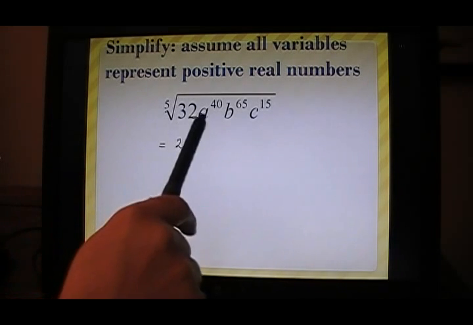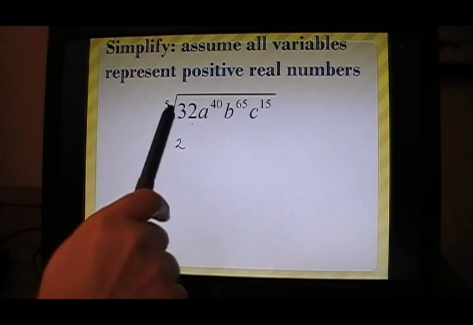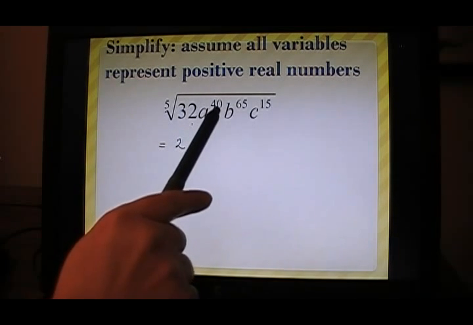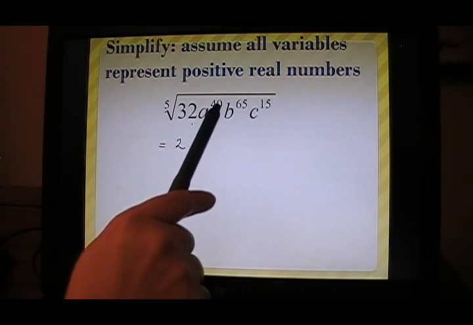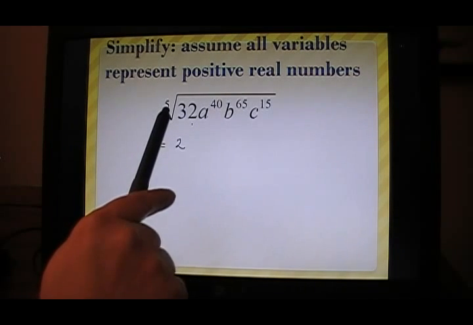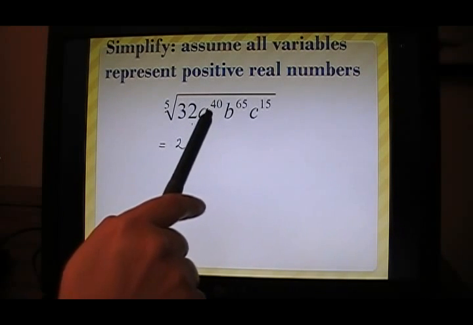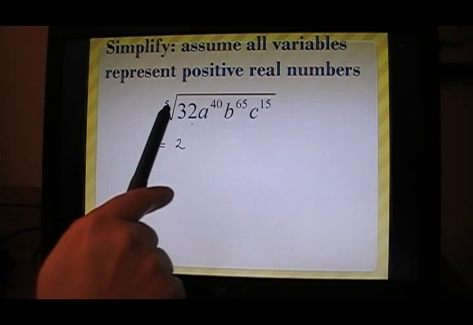The fifth root of a to the 40th. Is there something I could multiply 5 times to get a to the 40th? Yes. 40 divided by 5. This 40 is divisible by 5, so I know that it exists. And what it is, is the power of 40 divided by 5, that is 8.